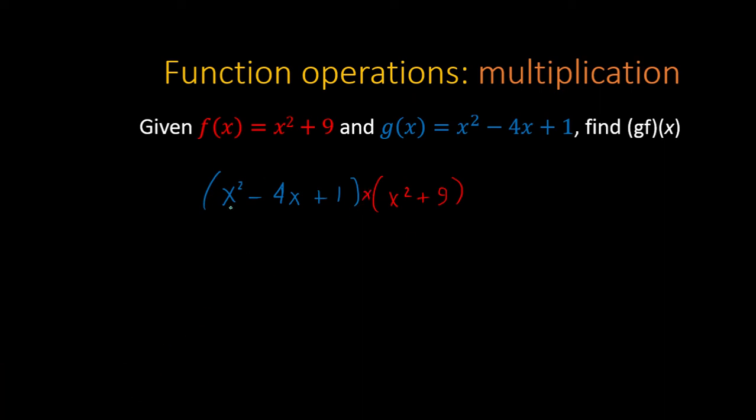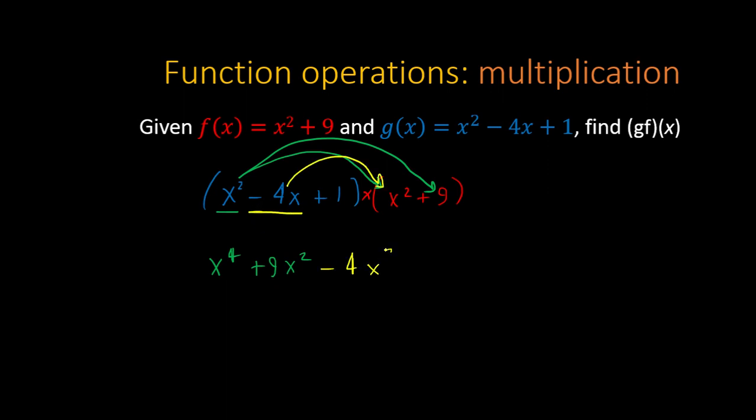So let's practice. I've got x squared times x squared. x squared times 9. Keep going. Negative 4x times x squared, make sure you hang on to that negative. Negative 4x times 9 is negative 36x.